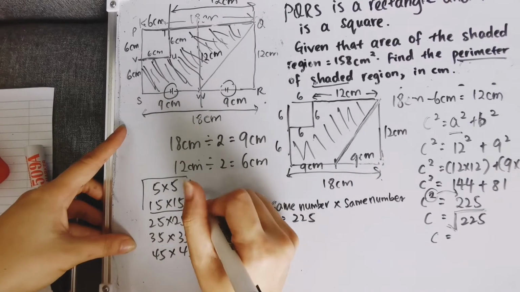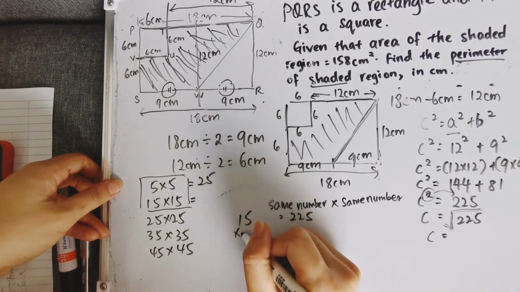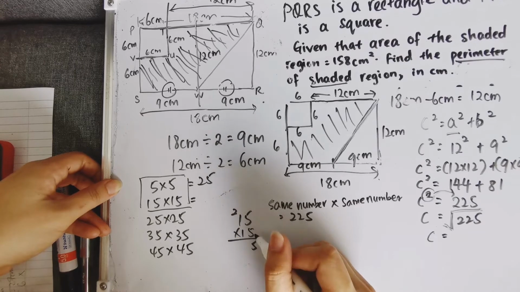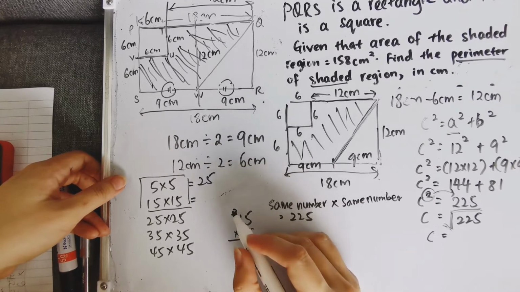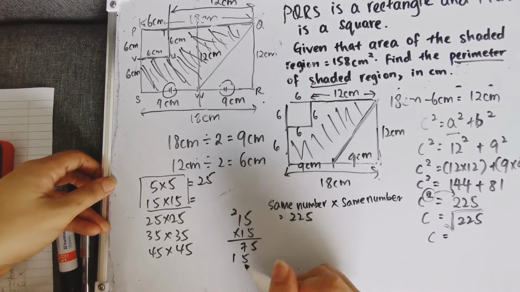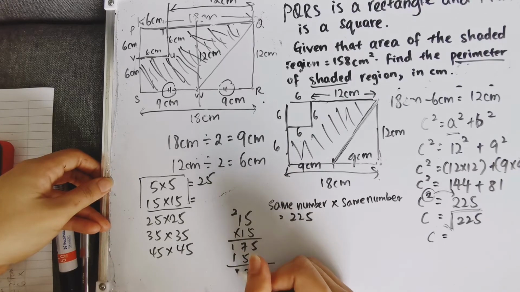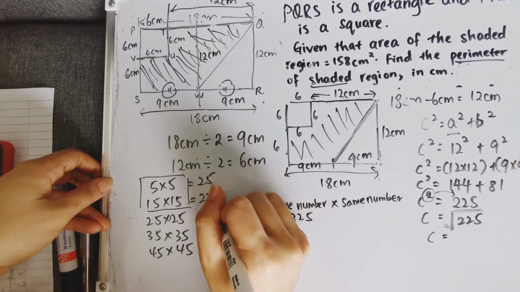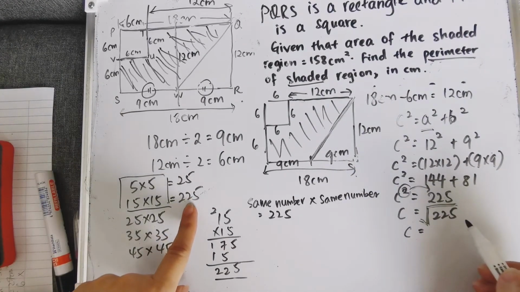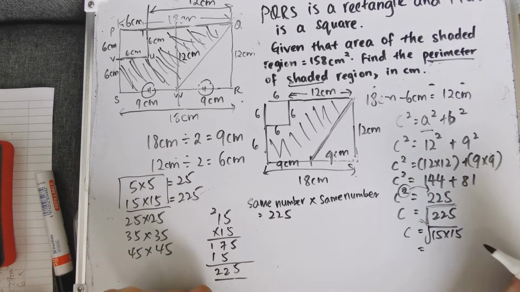Okay, so 5 times 5 is 25, 15 times 15: 5 times 5 is 25, 1 times 5 is 5, 5 plus 2 is 7, 1 times 5 is 5, 1 times 1 is 1, 7 plus 5 is 12, 1 plus 1 is 2, so 225. Okay, so you see this is 225, this is 225, therefore your answer is 15 times 15 equals 225.